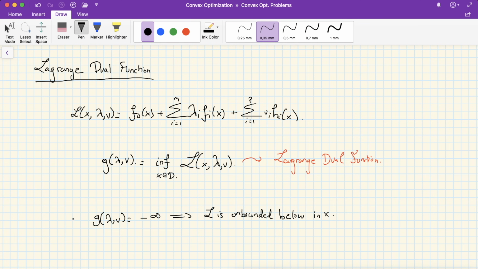Another thing to note is that the dual function is an infimum of a family of affine functions of lambda and mu. Note that L, the Lagrangian, is in fact affine in its duals, right?